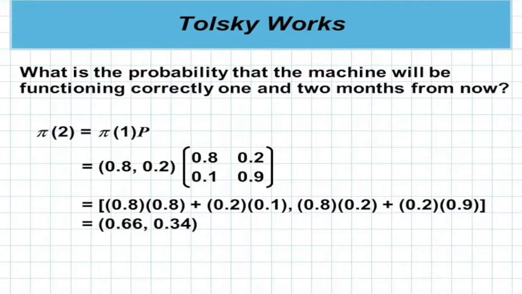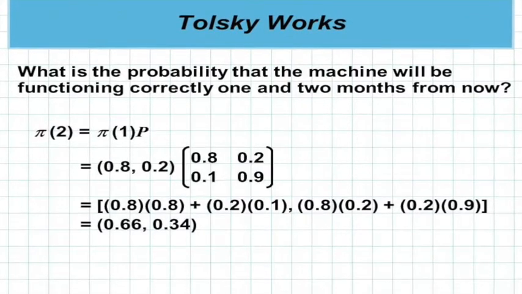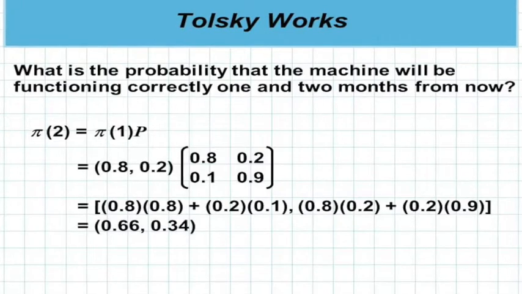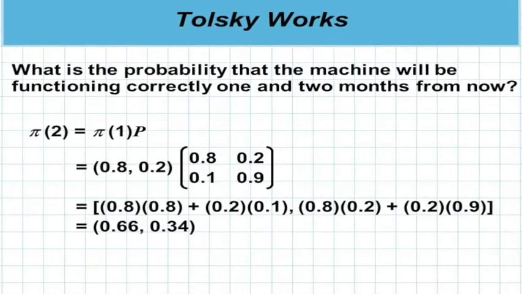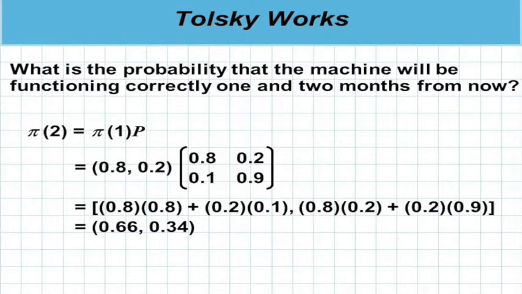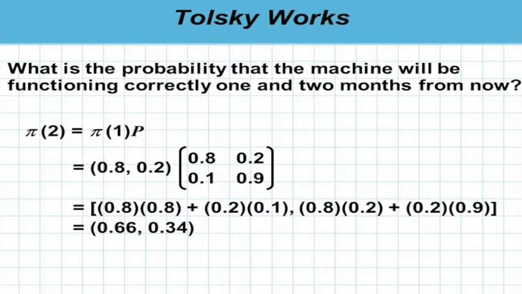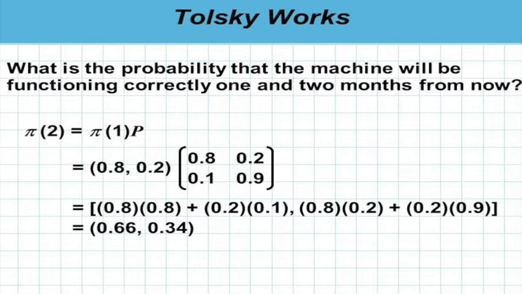Then the result is 0.8 times 0.8 plus 0.2 times 0.1, and 0.8 times 0.2 plus 0.2 times 0.9, and the result is 0.66 and 0.34.